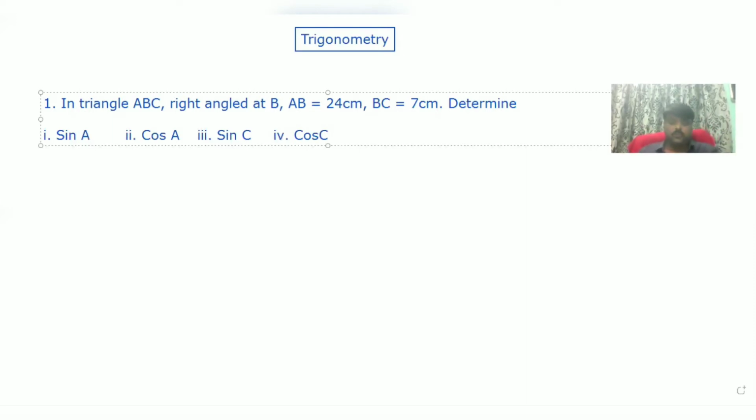As we know the Pythagorean theorem, let us draw the triangle first.